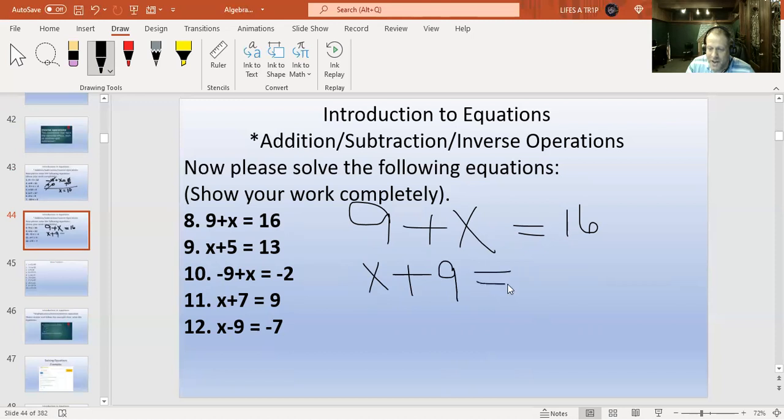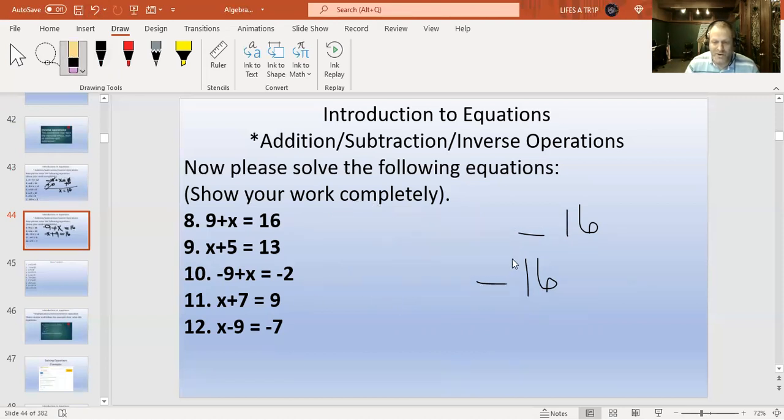Do not change your signs, because I have a lot of students who say, oh, I'm just going to change it to where I feel comfortable, and then they change this to a negative here and this to a negative over here. Leave your signs alone when you bring that over. Make sure it's positive when you bring it over as positive, negative if you bring it over as negative.